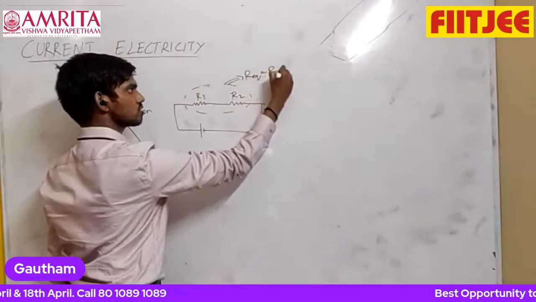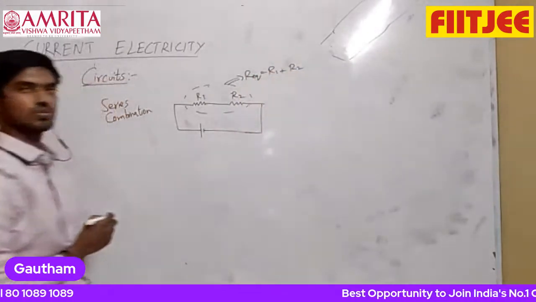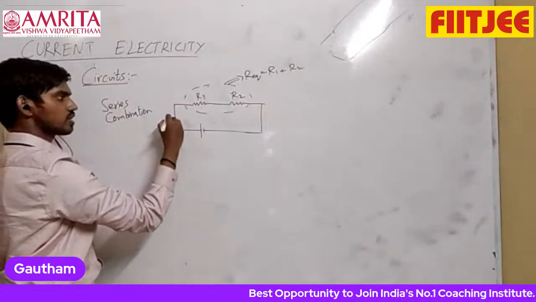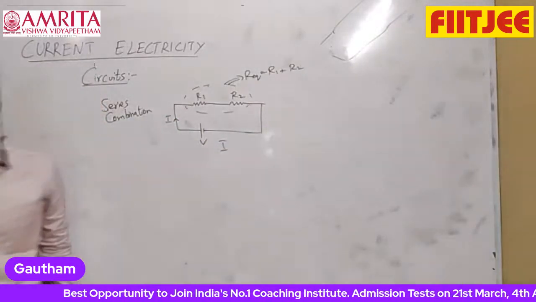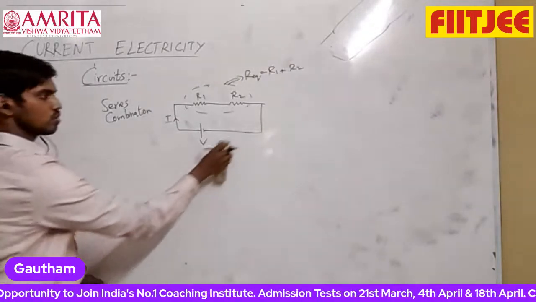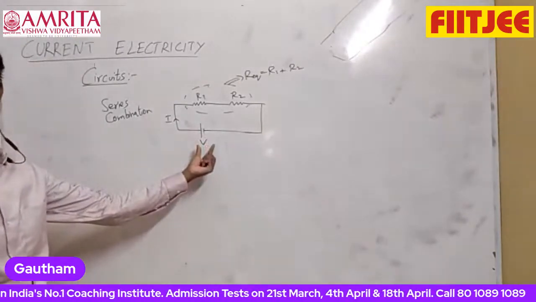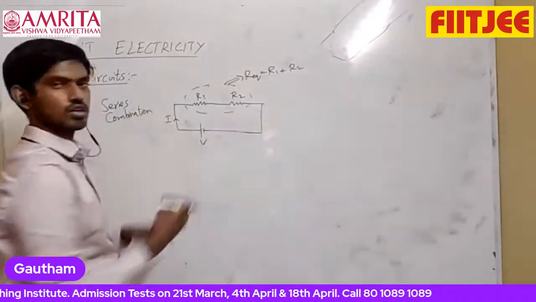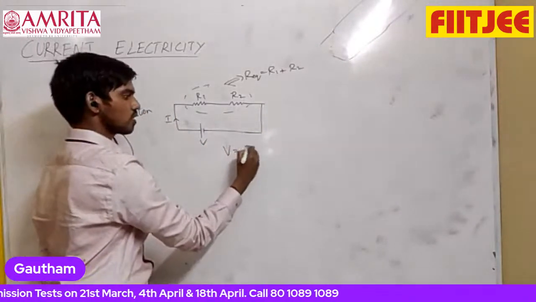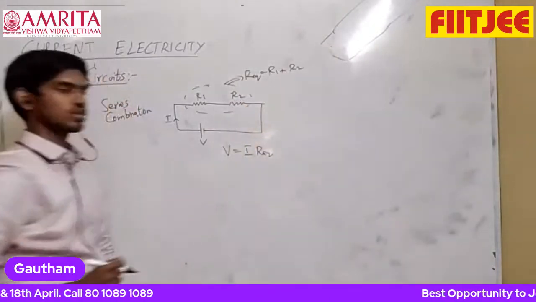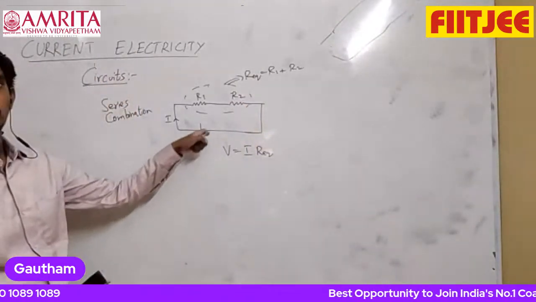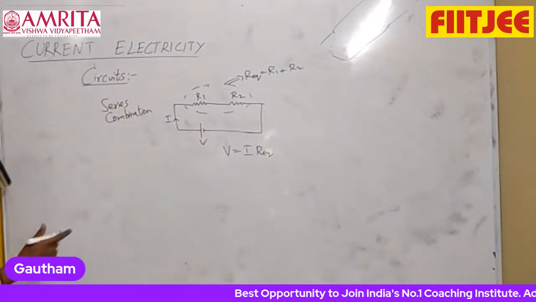You know the equivalent resistance is R1 plus R2. So whatever is the total voltage supplied by the battery, that potential difference is dropped across the two ends. So V is equal to I into R equivalent. Here equivalent resistance is R1 plus R2. So if EMF of the battery is given, you can find current through the circuit.